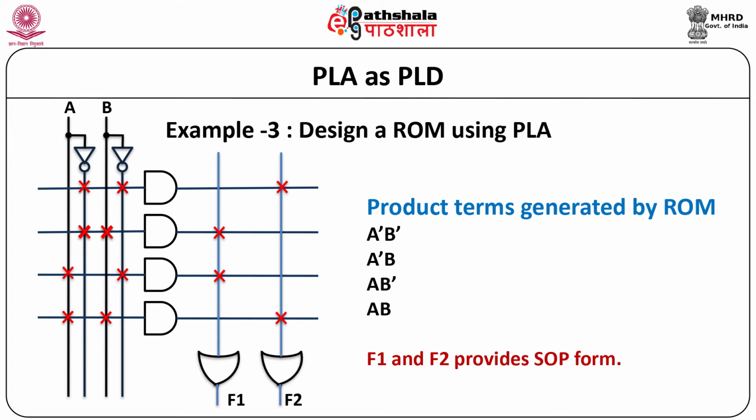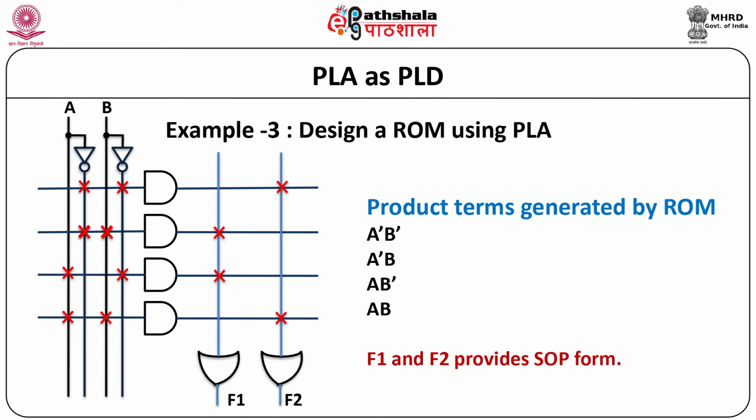ROM is basically a memory which can be configured to provide 2 to the power n product terms or min terms of n variables. Let us consider A and B as input variables. As there are 2 variables, it is possible to obtain 4 product terms. These terms are A bar B bar, A bar B, A B bar and AB.